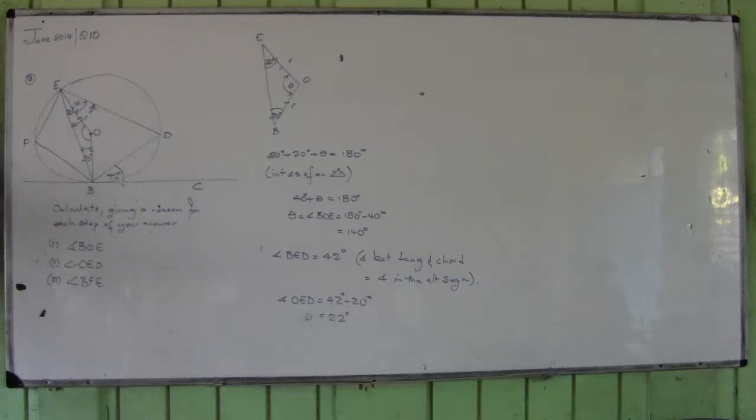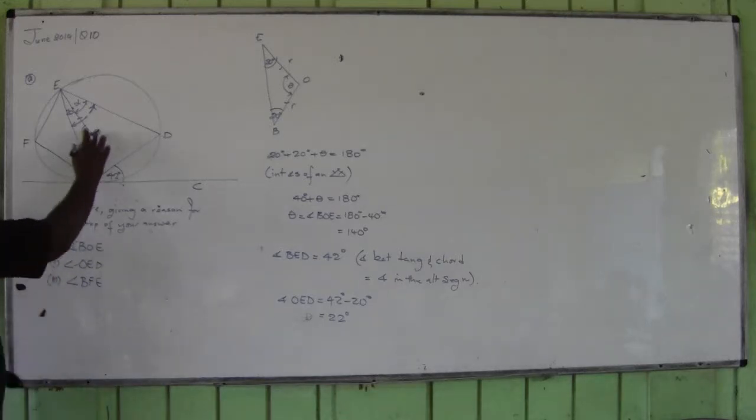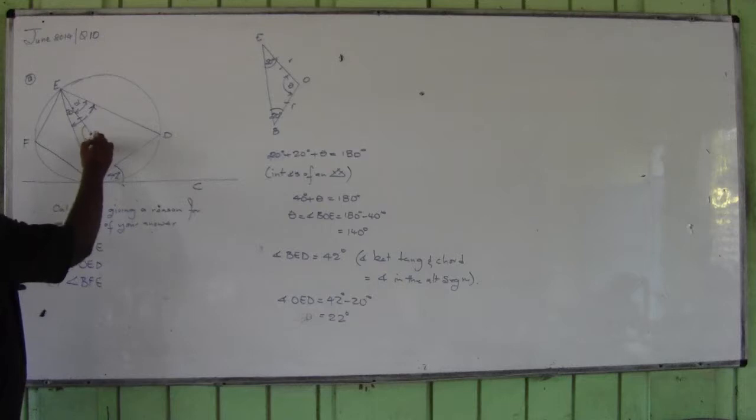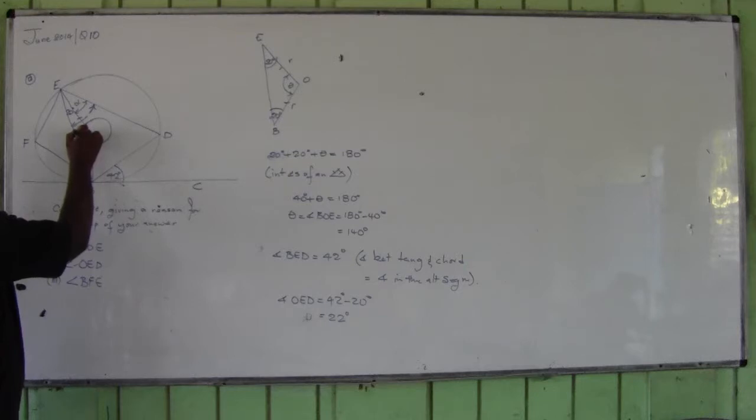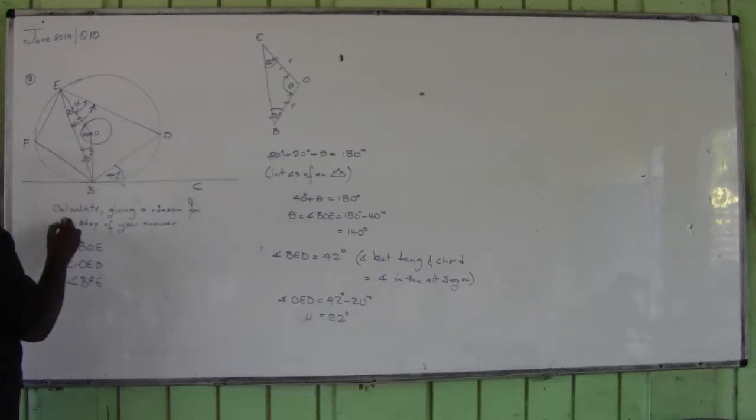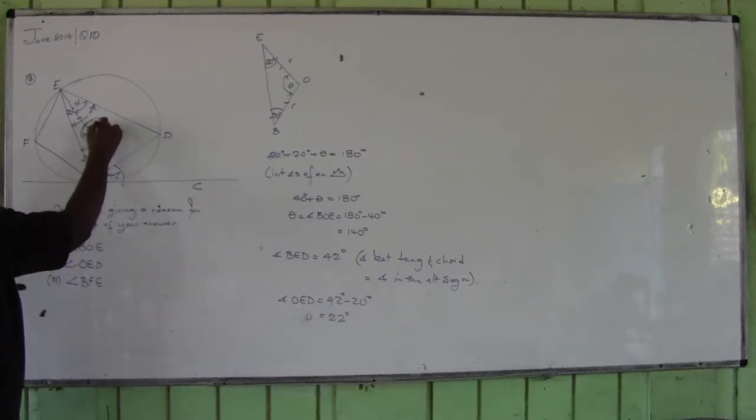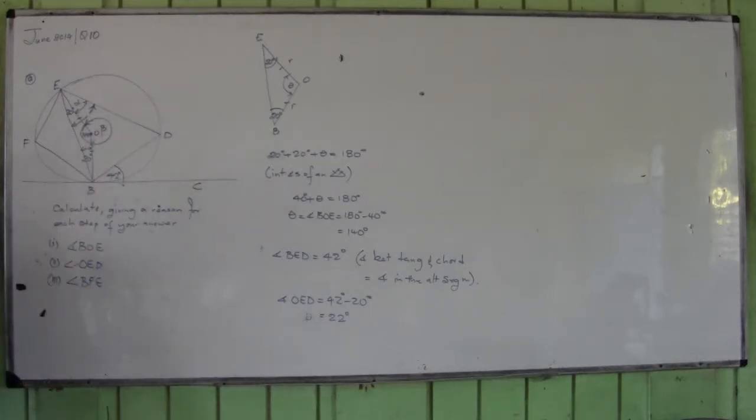Alright, we're going to do this one. This is the center O. The angle here is how much? 140. Let's call this angle out here beta, the external one, the one going out here.